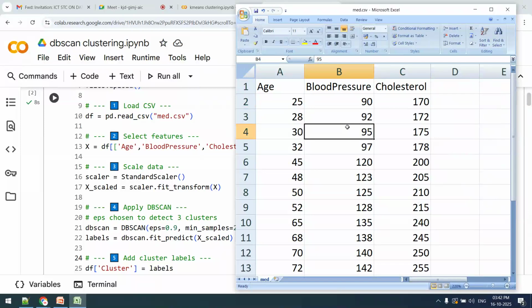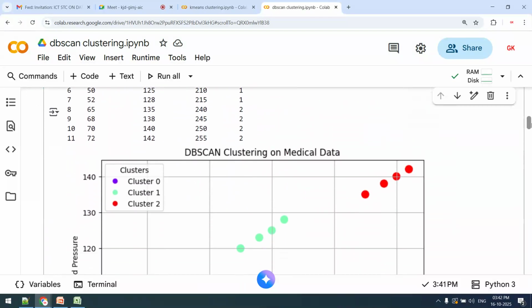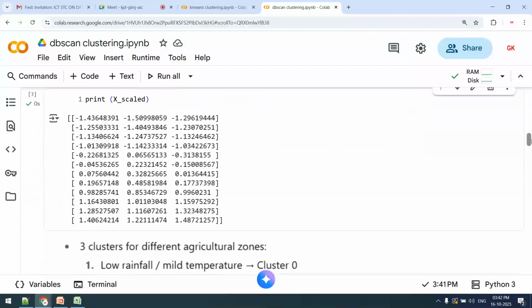If you add an Aadhaar card number here, a 12 digit number, you can imagine what the cluster formation will be. Age has its own range, Aadhaar has its own range, so we have to scale down. This is known as pre-processing. Once it is done, then we will be able to get it.